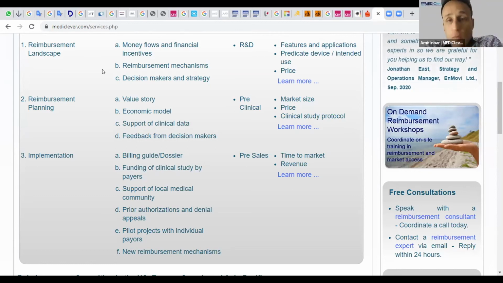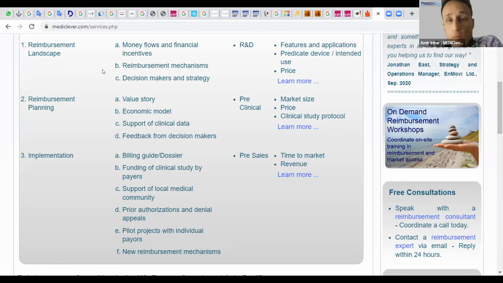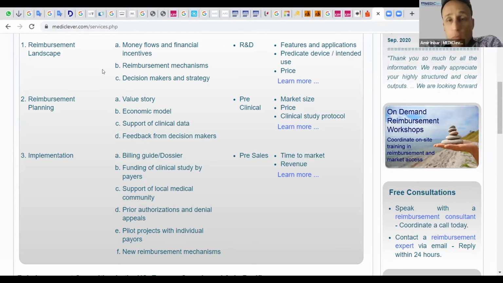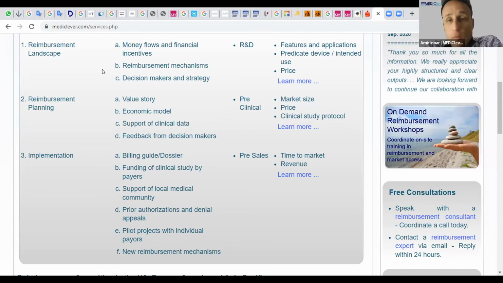So we conducted activity 1, and we found that there are, in fact, existing reimbursement mechanisms for such products, pumps that run solutions over chronic wounds in order to heal them.